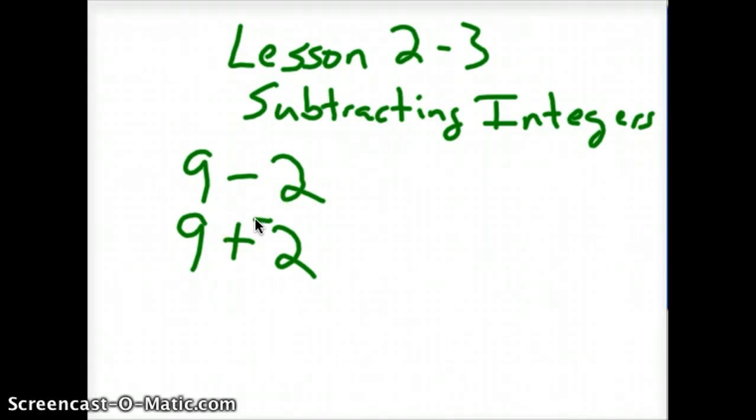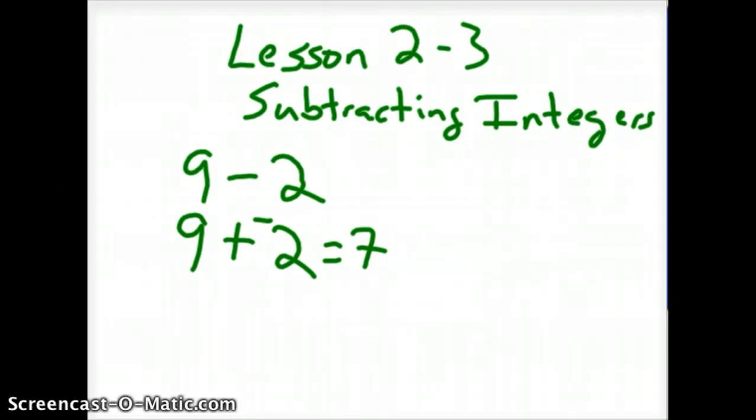You change your subtraction sign to an addition sign and change the sign on the number after the minus sign. The opposite of 2 is negative 2, so 9 minus 2 is the same thing as 9 plus negative 2, which still equals 7. Easy ones like that, you don't have to really change them, but you should get the concept from there.